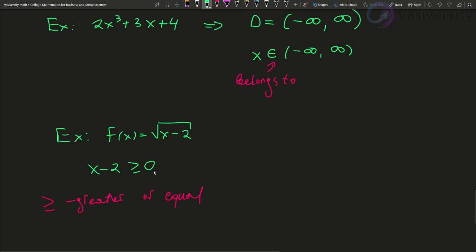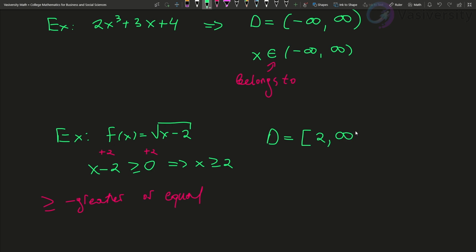If we solve for x, we would add 2 to both sides, so -2 plus 2 is 0, and x is greater than or equal to 2. If x is less than 2, we would violate the rules. So our domain, in this case, is from 2 to positive infinity.